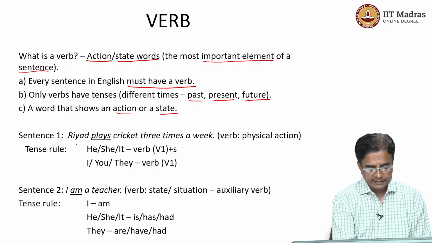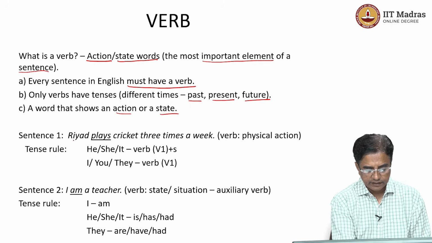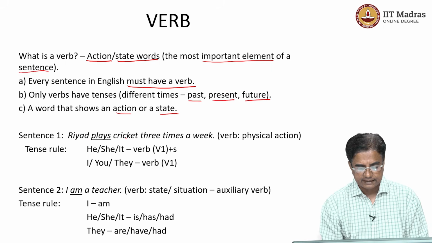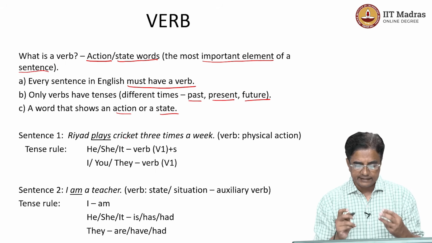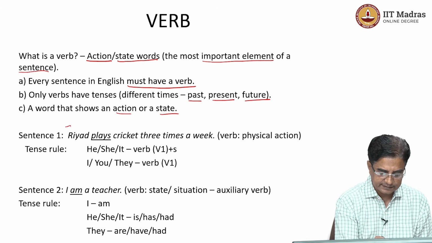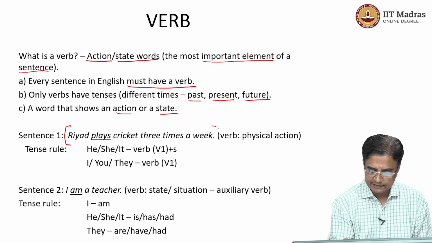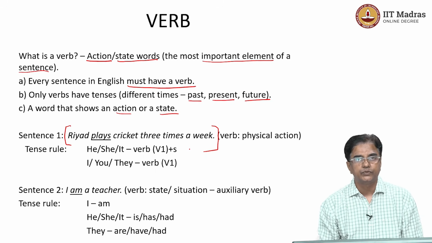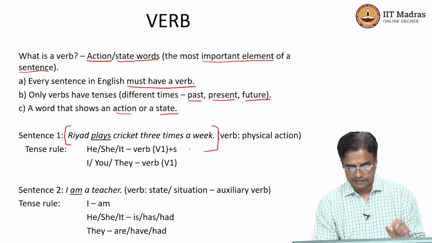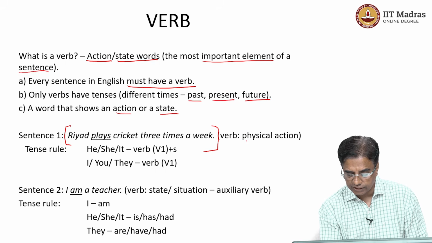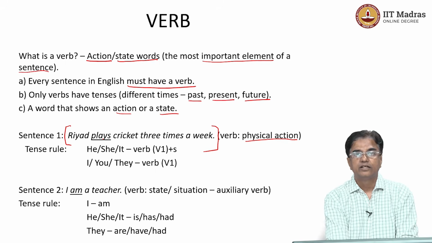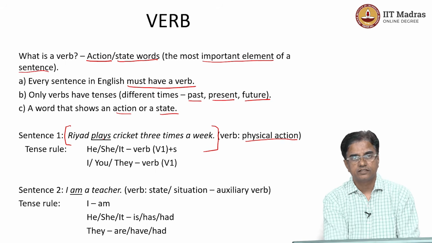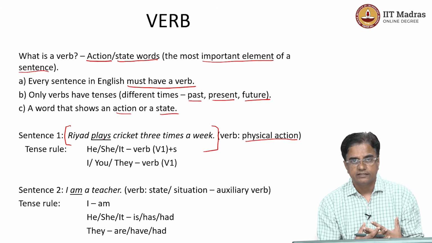Take this example: Riyadh plays cricket 3 times a week. This is a sentence. In this sentence, we are going to help you identify the verb which indicates physical action, which is underlined here. What activity does it describe?